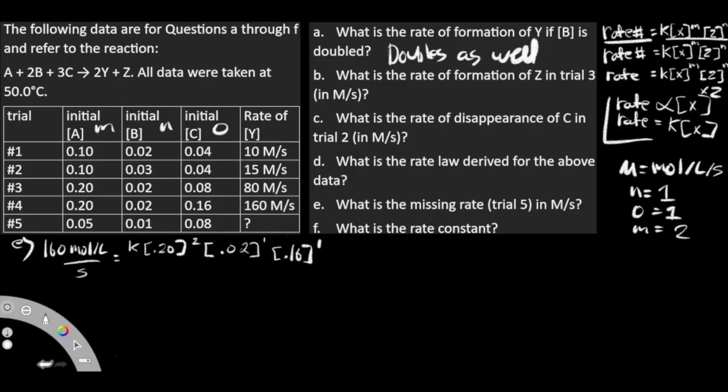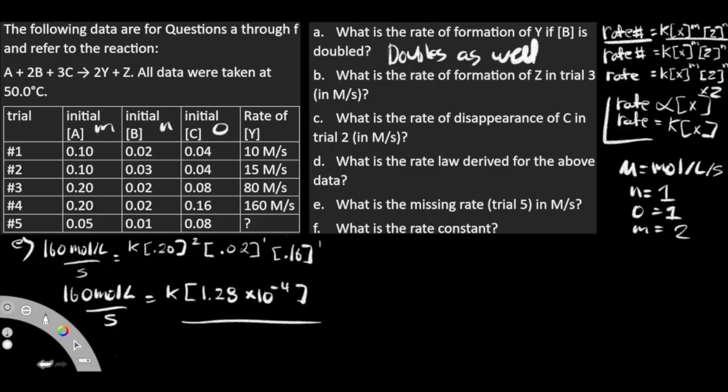There we have it. So we have our 160 moles per liter per second equal to our K, and then let's do the product of all of these. Putting it into a calculator, we end up getting 1.28 times 10 to the power of -4.